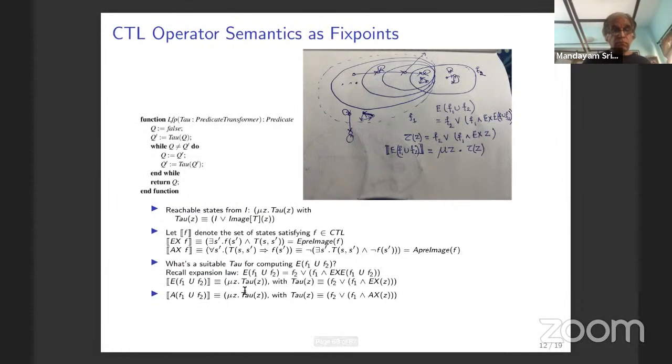Yeah, similarly, F1 until F2 can be computed as a fixed point of this predicate transformer, where all I've done is replace EX with AX.